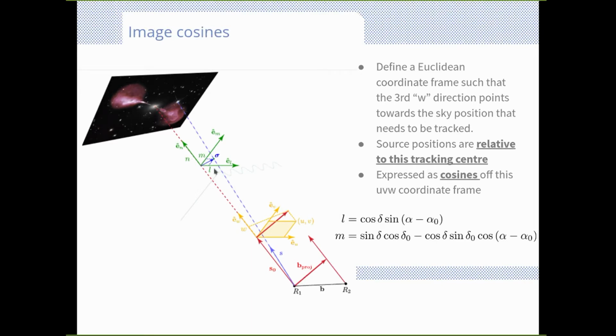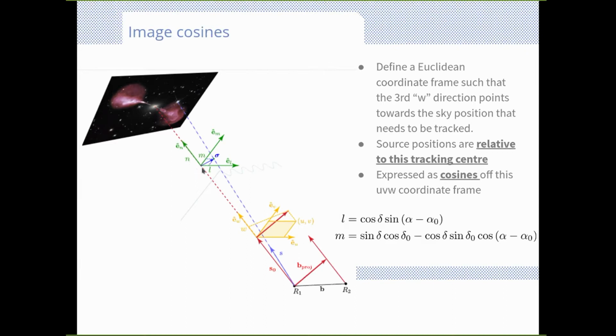So these are known as the L, M, and N cosines. Importantly, they lie on the sphere, so they can only range between -1 and +1. So if we have a source that's sitting right at the tracking center of the telescope, it's lying directly in this N direction here.